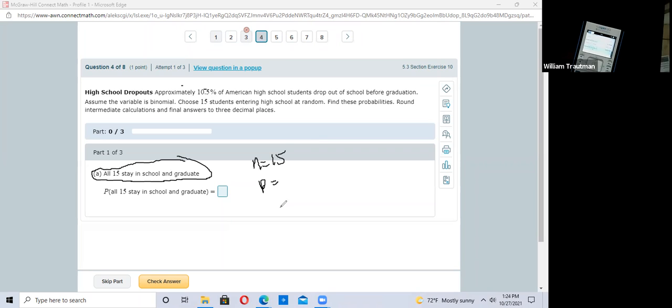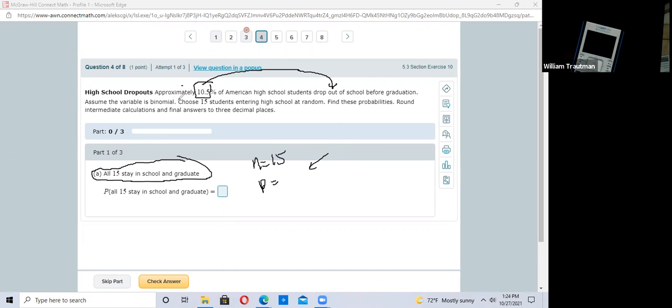And so this is kind of important. What probability do I put here? 10.5. Well, you would think so because they wrote this, but this is 10.5 drop out.